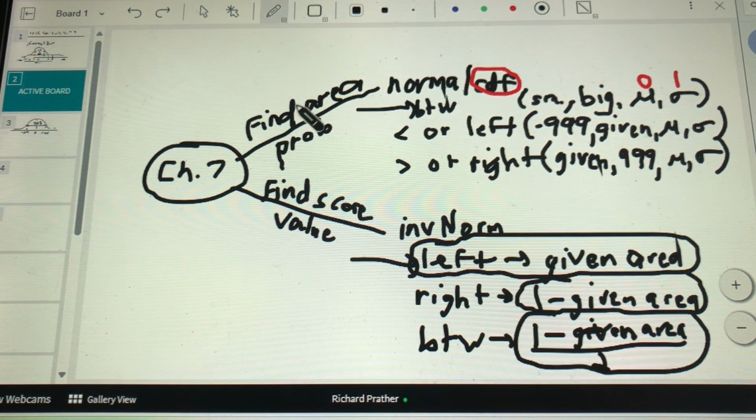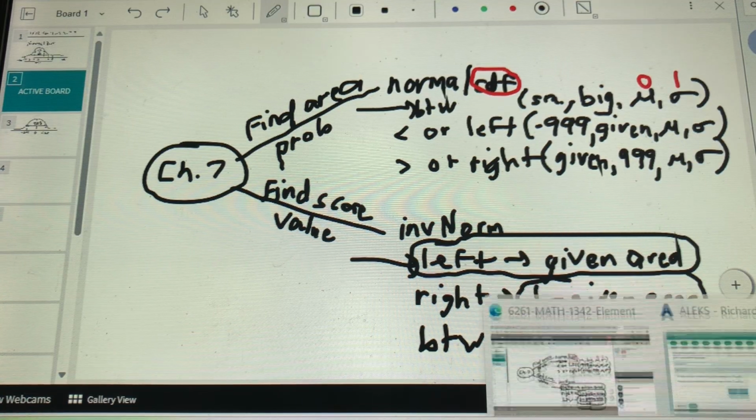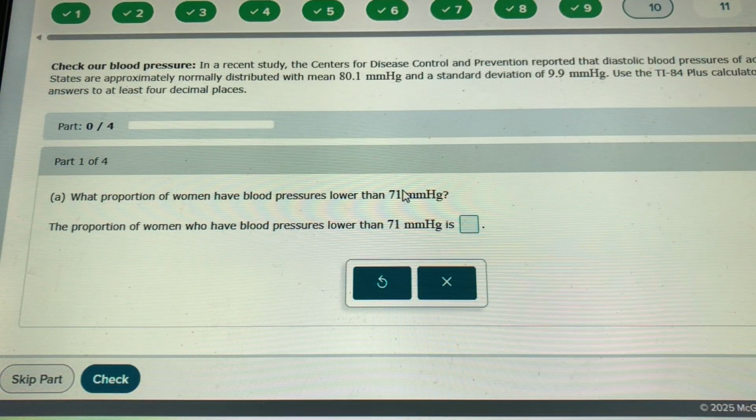But find the area or find the probability, or proportion, another word for probability, that's normal CDF. Find some kind of score or value, that's inverse norm. And we're trying to do lower than, so that's left, or less than. So we're going to put negative 999 first, then the given number, and then whatever they say the mean and standard deviation are.